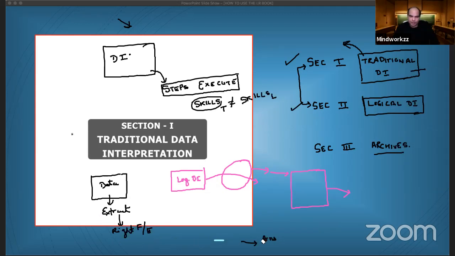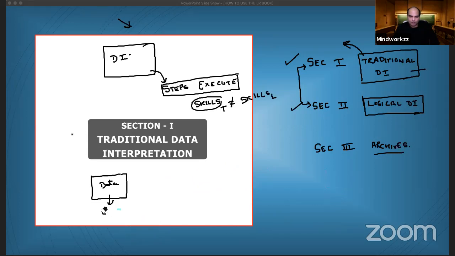Data interpretation basically means that you have some data, some information. One thing you should be very clear of right at the start is that if you're given some data, and data might be given to you in the form of pie charts, bar charts, or whatever, when you interpret the data, you draw out information.